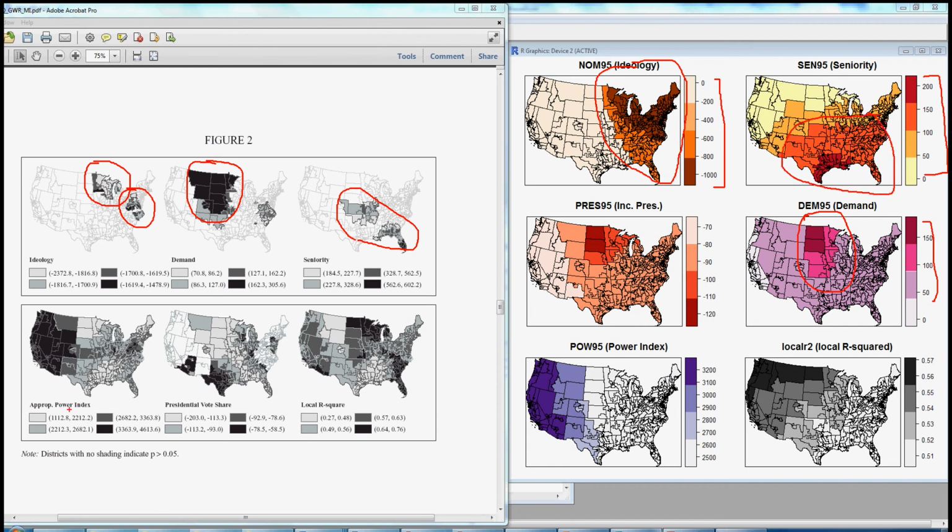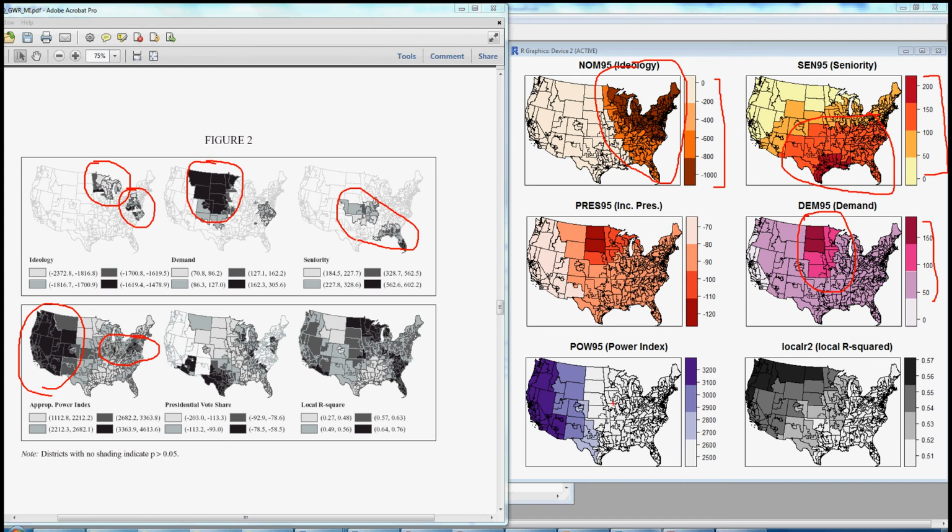Looking at the appropriations power index, it looks like it's statistically significant across the entire geography for the original authors, but particularly strong in the western third of the country, you might say, and then in parts of Pennsylvania, maybe Virginia, West Virginia, thereabouts on the eastern part of the United States, and then parts of Illinois maybe.